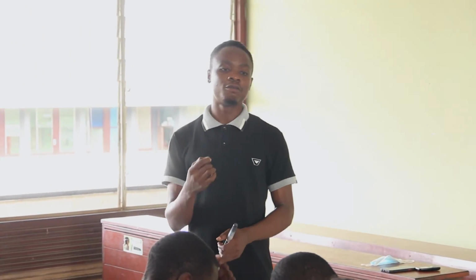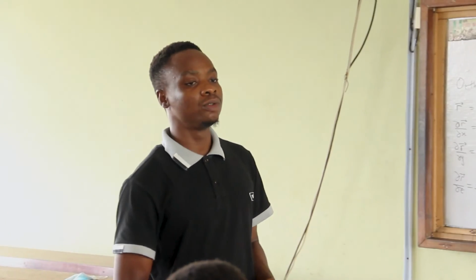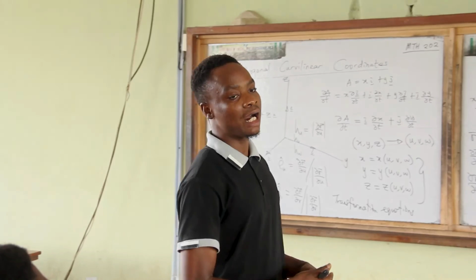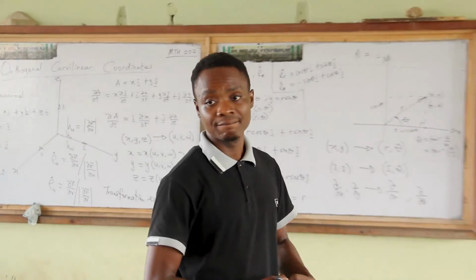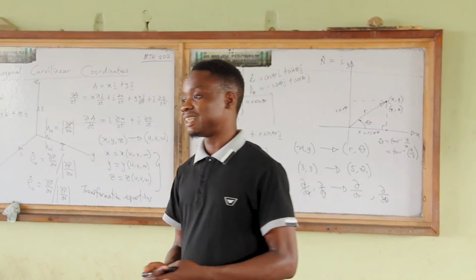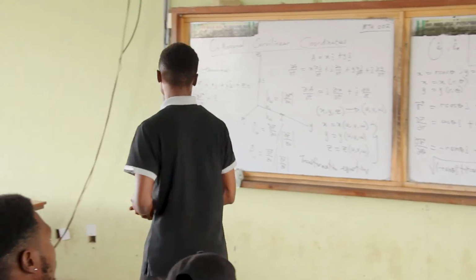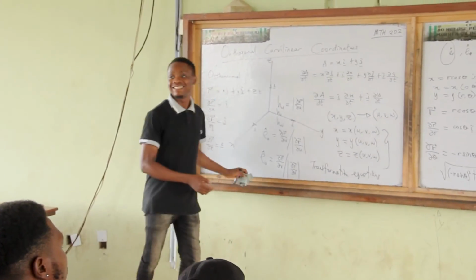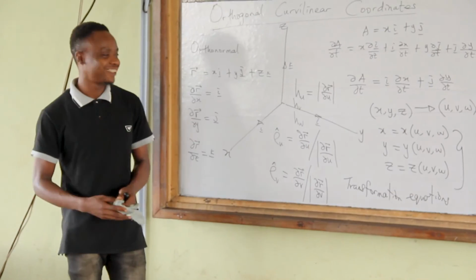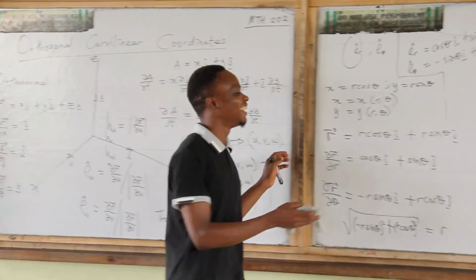Scale factor H_V means the modulus of del r del v. Scale factor H_W means the modulus of del r del w. Is this clear? Okay. Scale factor is clear. No worries.